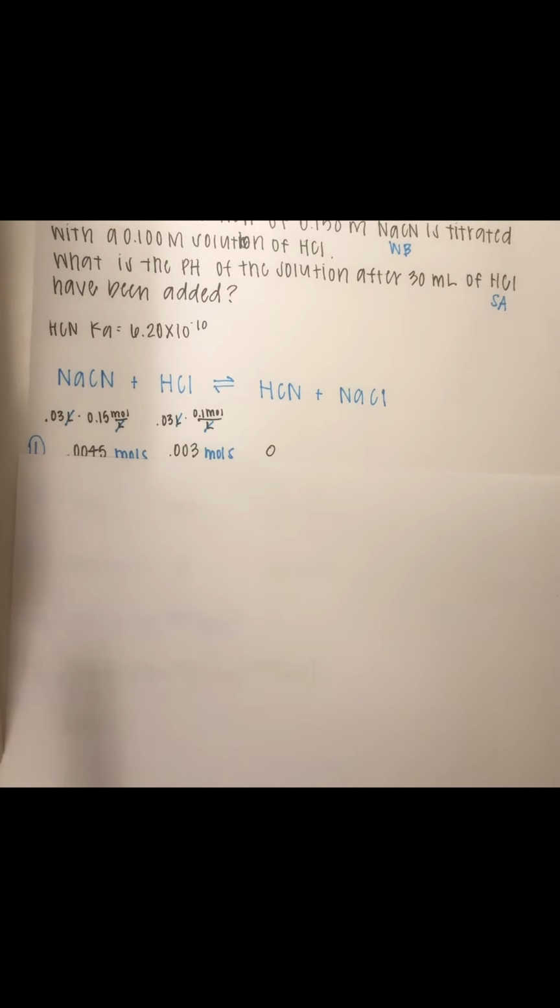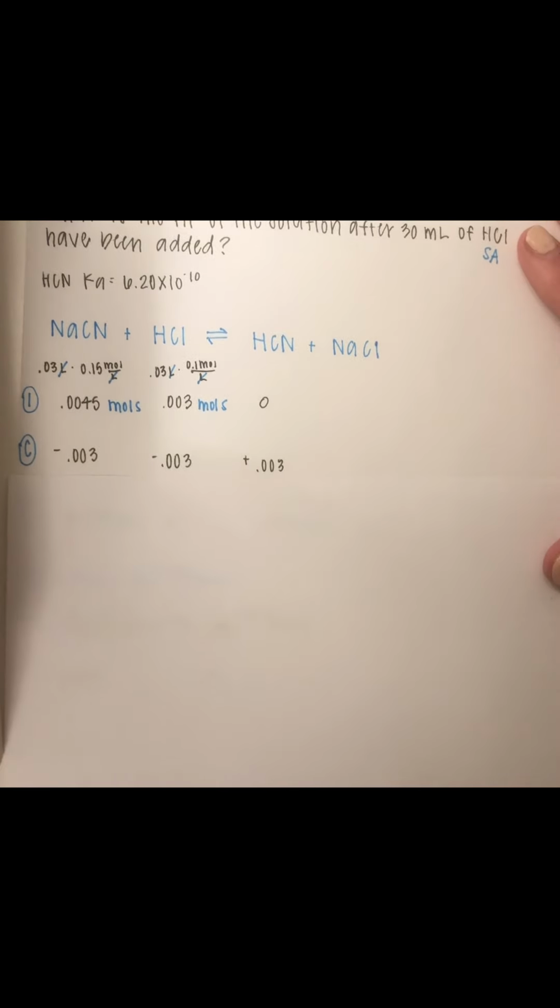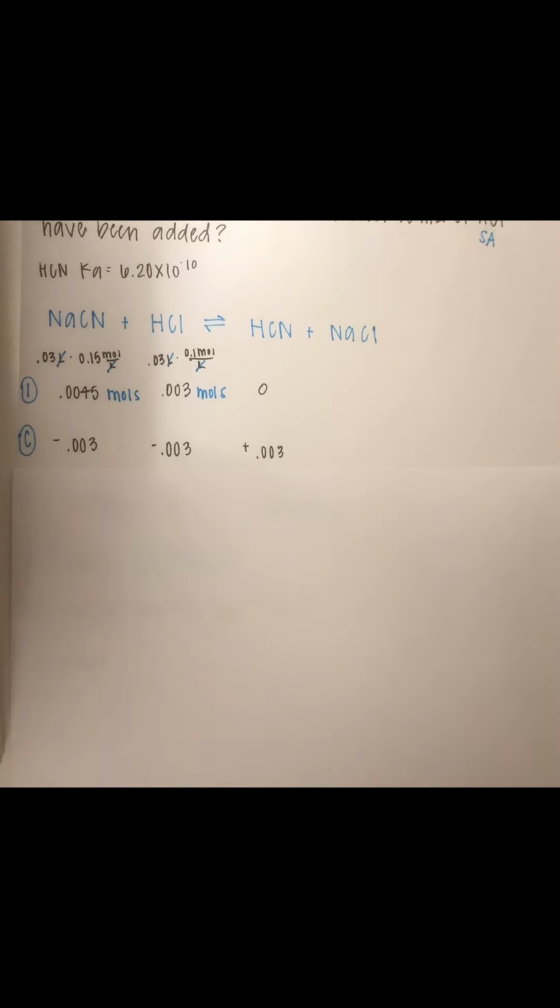Now that you've gotten here, this is the first portion of your ICE (initial, change, equilibrium) box. So the I is what you initially have, which is 0.0045 and 0.003. The C is important because this is when you decide how much you're going to change your solution to get it to equilibrium.